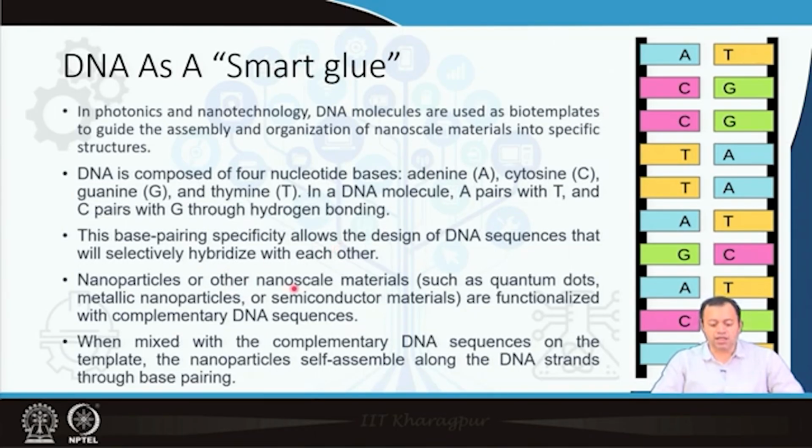So, nanoparticles or other nanoscale materials such as quantum dots, metallic nanoparticles or semiconductor materials are functionalized with complementary DNA sequences. So, you can put your negative structure or you can put your polymer or quantum dots either in the gap region, make some sort of a negative ladder structure, consider it as a ladder.